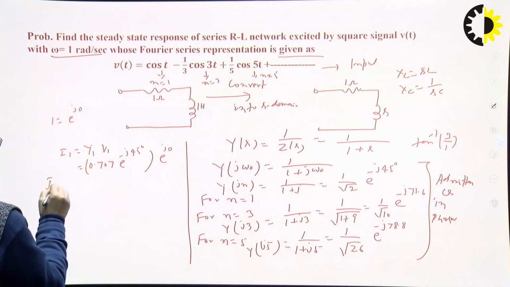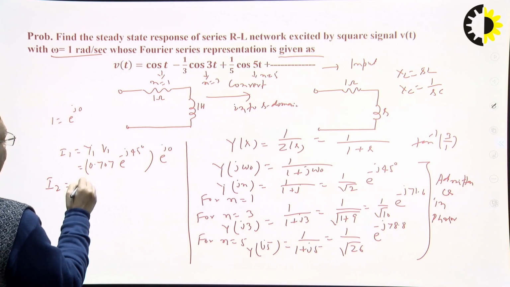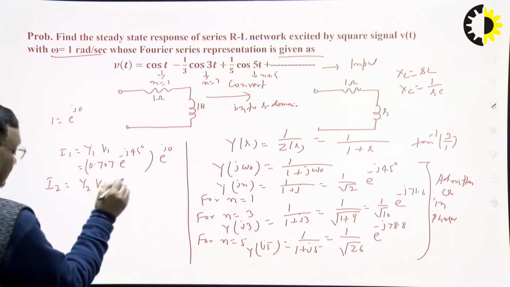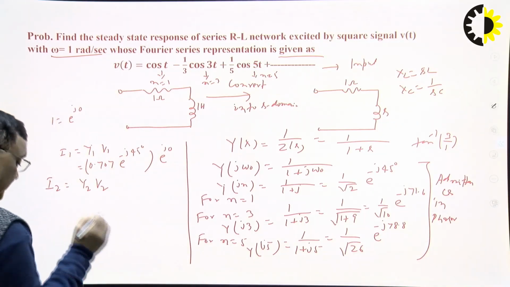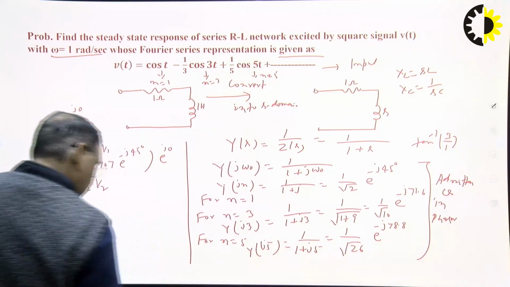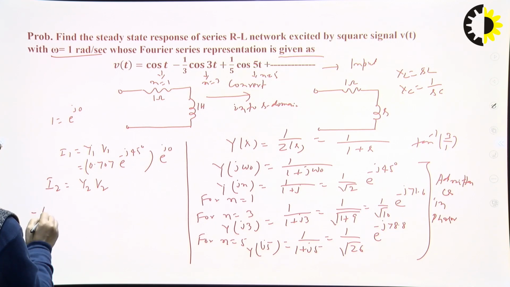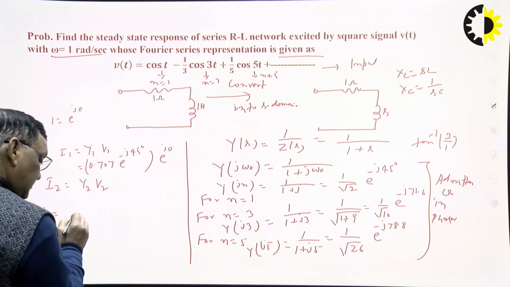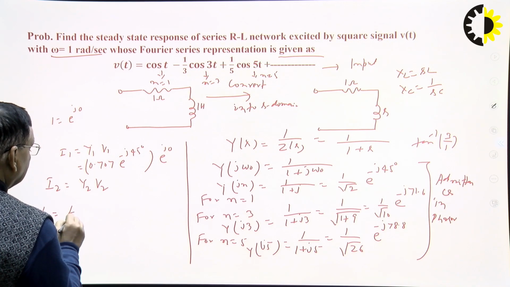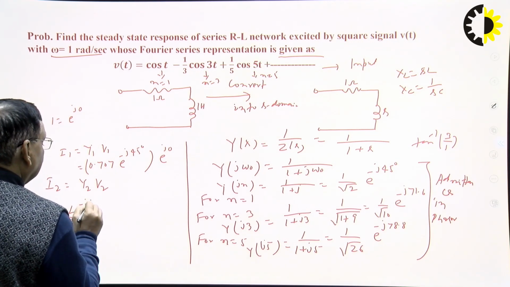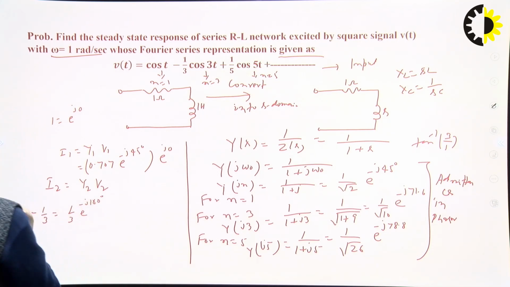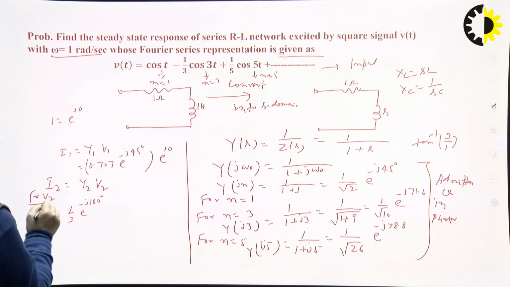Now I2 is your Y2 V2. Y2 you have calculated; V2 is minus 1 by 3, which can be written as 1 by 3 e to the power minus j180 degree.